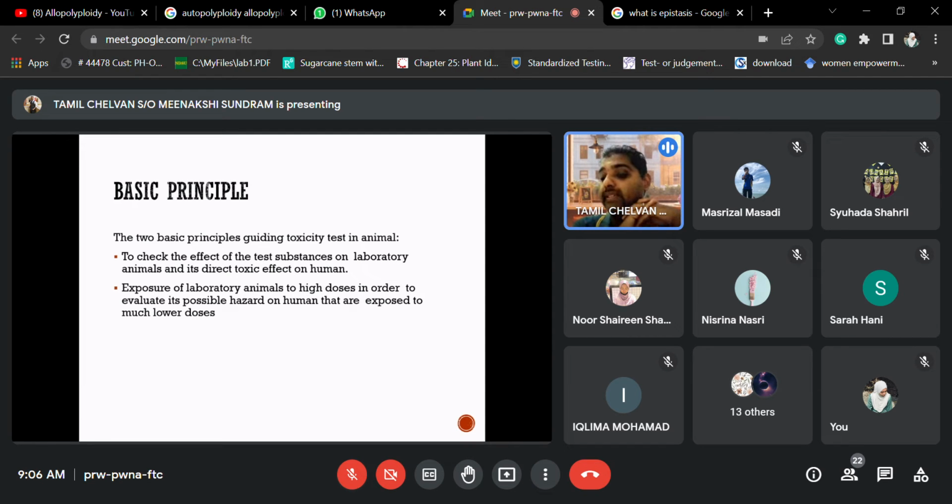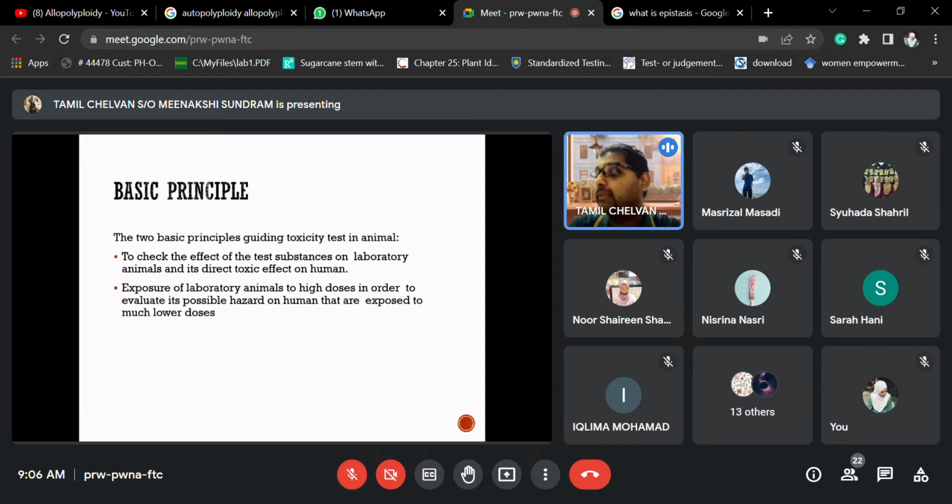The two basic principles guiding toxicity tests in animals: to check the effect of the test substance on laboratory animals and its direct toxic effect on humans. So first, they test the effect of the test substance, the compound or drug, on animals, and only then do it on humans. They also check the direct toxicity effect on humans.